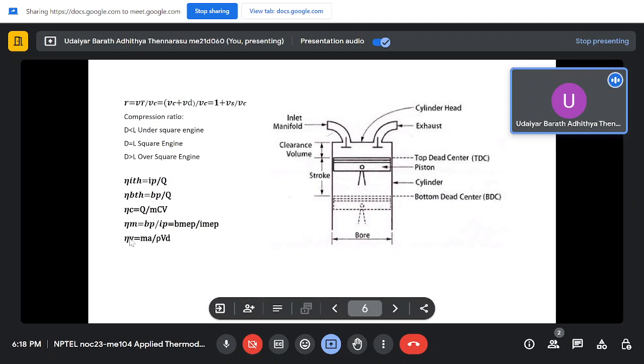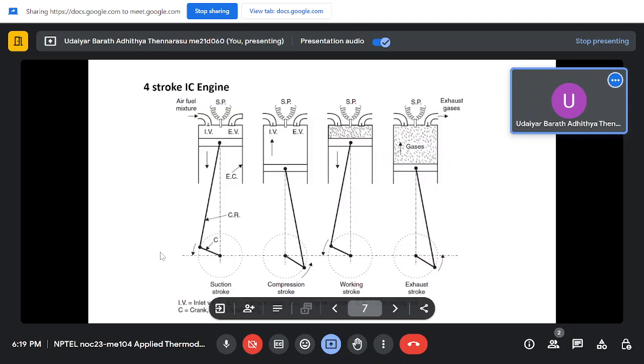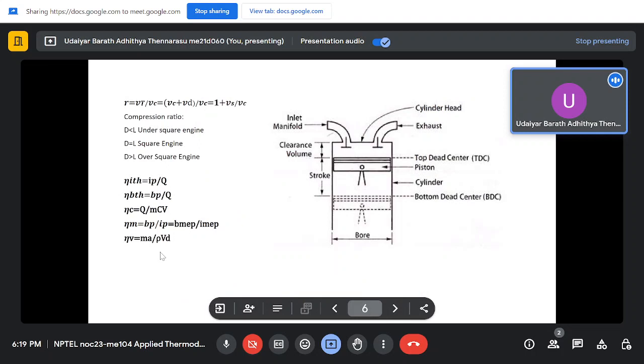And then you have volumetric efficiency, which is defined as the mass of air coming in divided by the mass in the swept volume. Those are the major terminologies used in engineering.